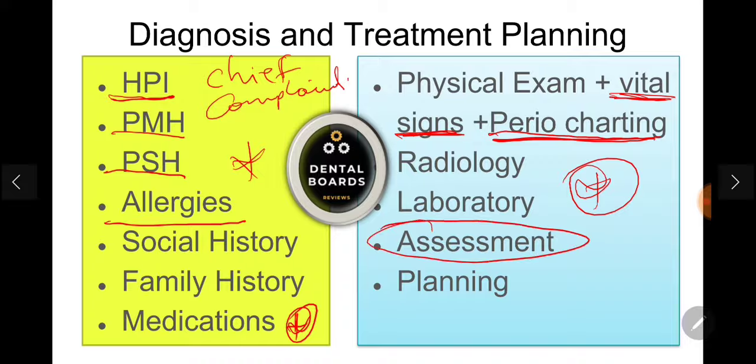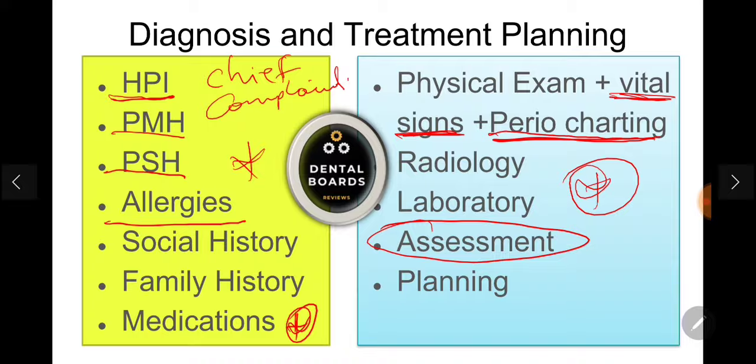the patient. For example, you say this is a 20-year-old healthy patient with no medical problems, no allergies, who has a carious lesion on tooth number 28 extending to the pulp, right?